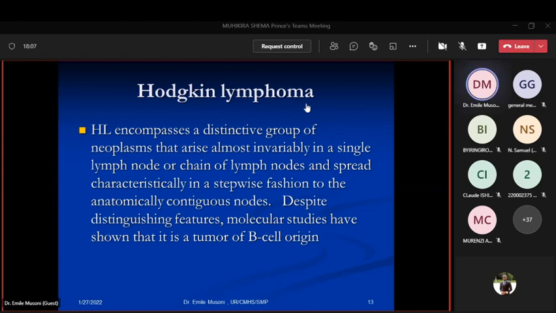Hodgkin lymphoma encompasses a distinct group of neoplasms that arise almost invariably in a single lymph node or chain of lymph nodes and spread characteristically in a stepwise fashion to the anatomically contiguous nodes. Despite those features, there are also some molecular studies about the subtypes of those lymphomas.